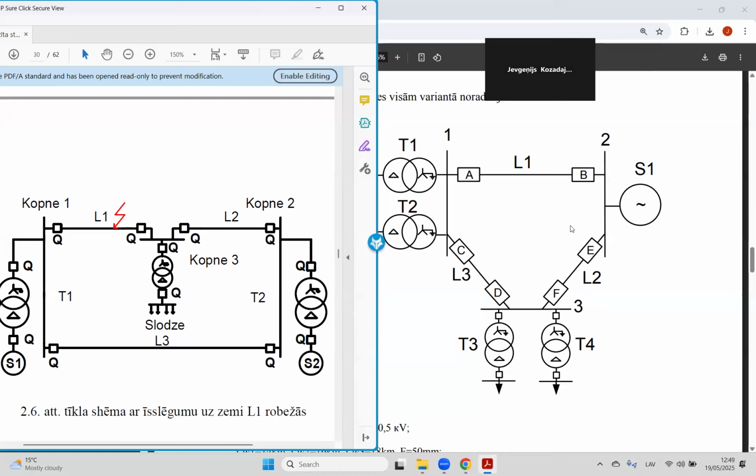In this case, when we have a loop and supply from different points, like a standard transmission network, we always try to make loops because it is safer. We have the possibility to supply from different substations. In case of trouble in any element, for example a transformer, bus and so on, we could supply from the other side and every consumer will be happy.